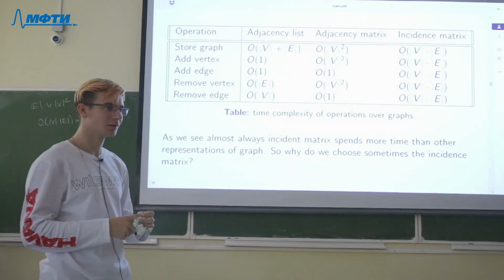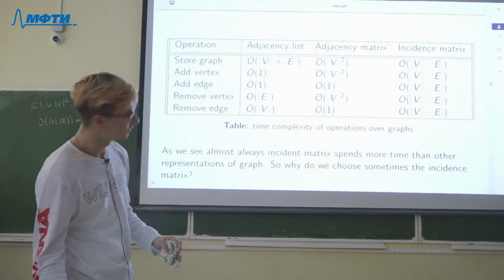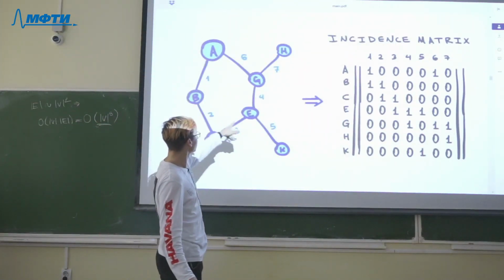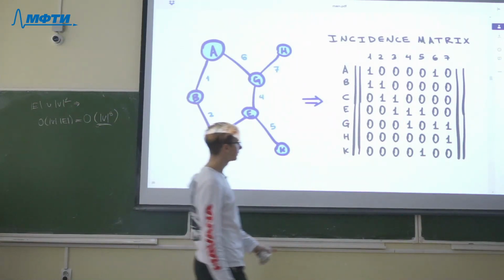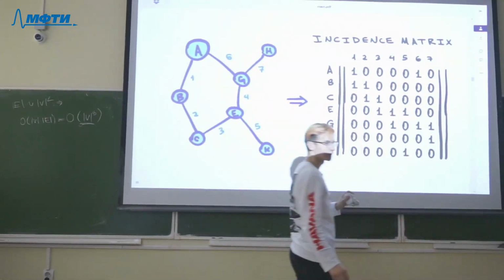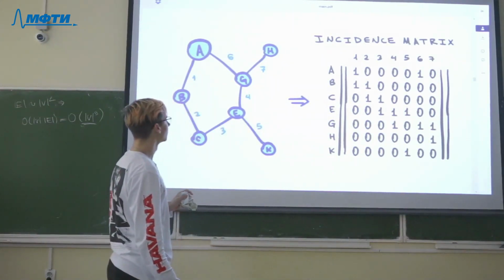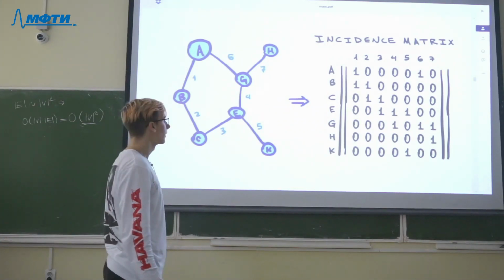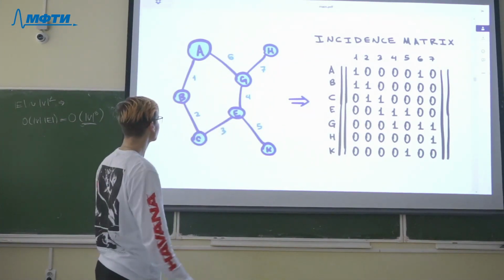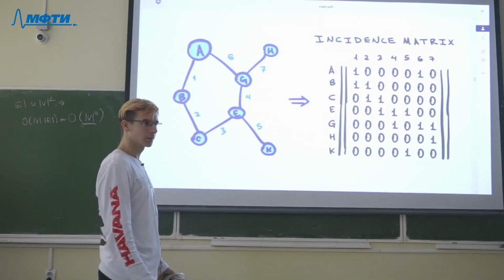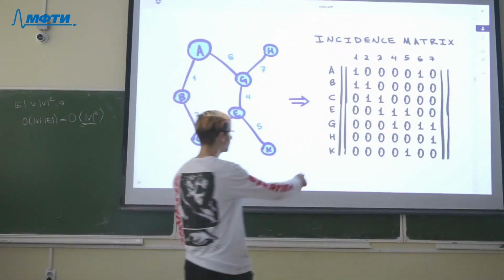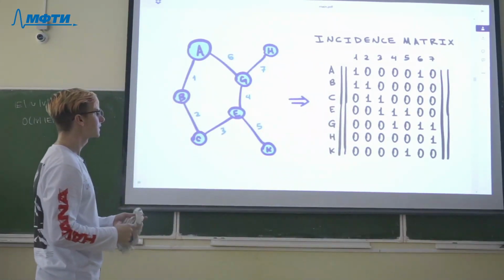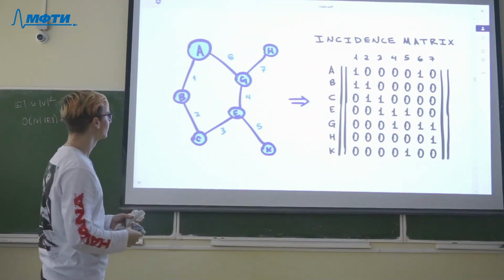Can you show us the incidence matrix representation, how it works? As you can see, there are 7 edges, so we have 7 columns. Each column is equal to one of the edges, and each row is equal to one of the vertices. In a column we have 1 and 1 at the intersection of the column and the rows that this edge connects.